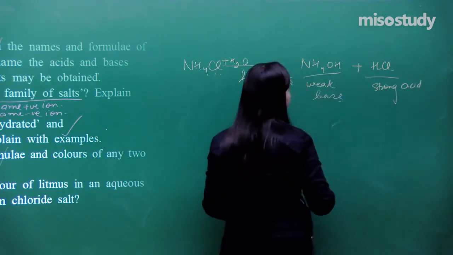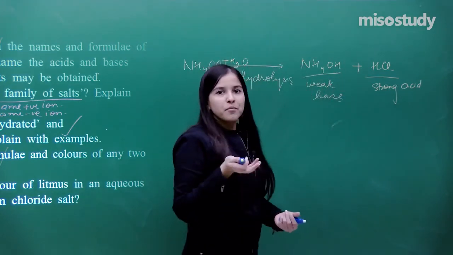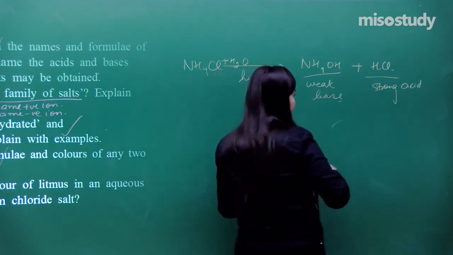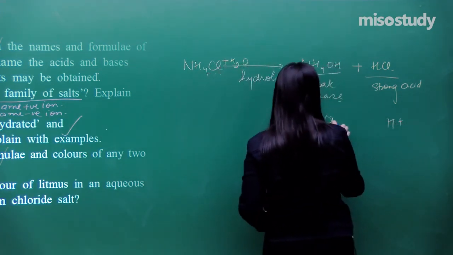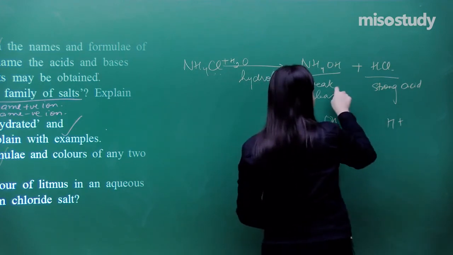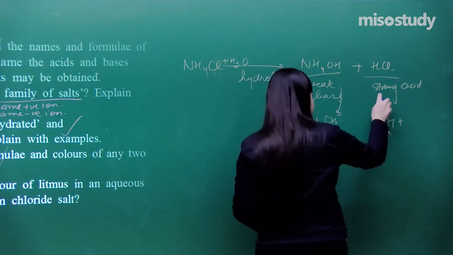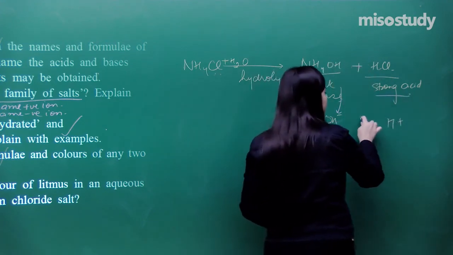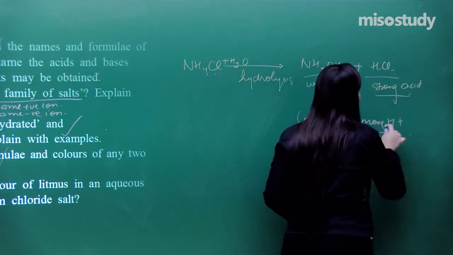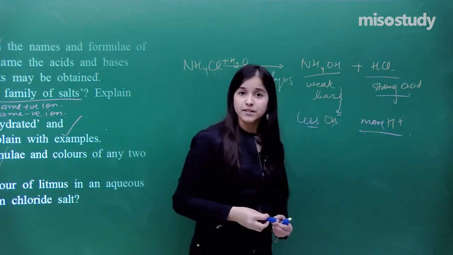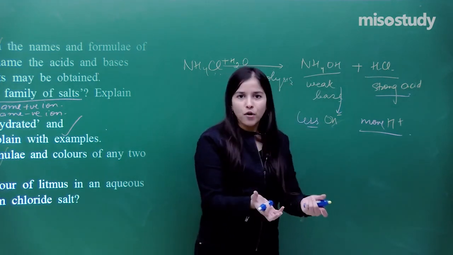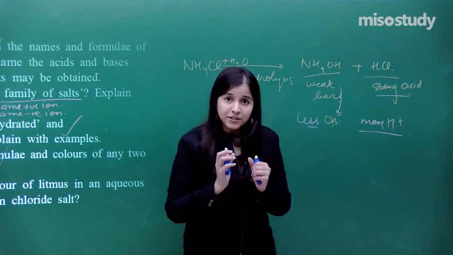That means which will have the majority in here? Either H positive or OH negative, either of the two. So since this is weak base, there will be very less of OH negative ions. Now, this is going to be a strong acid, that means more of H positive in the solution, having the majority of H positive, having an acidic pH.